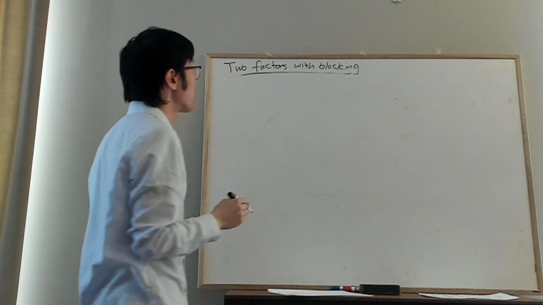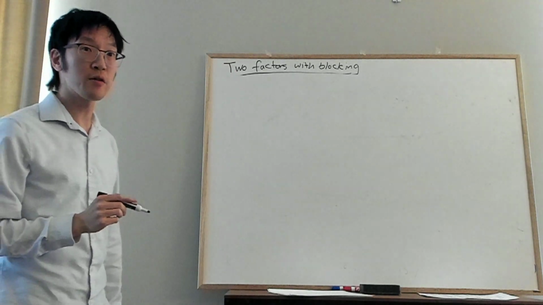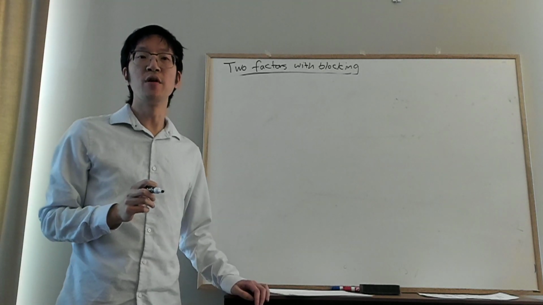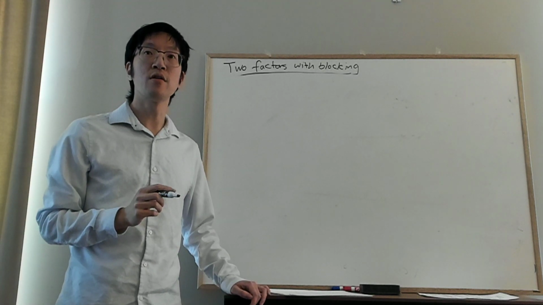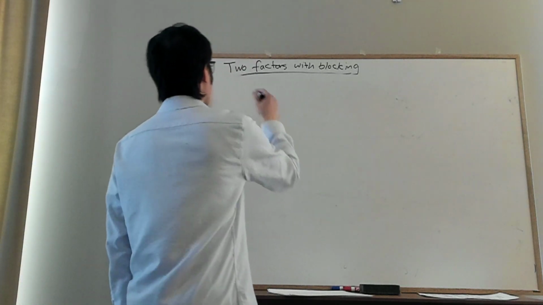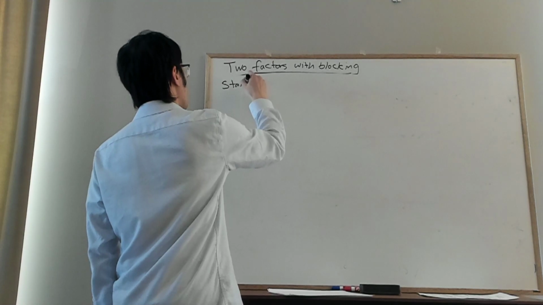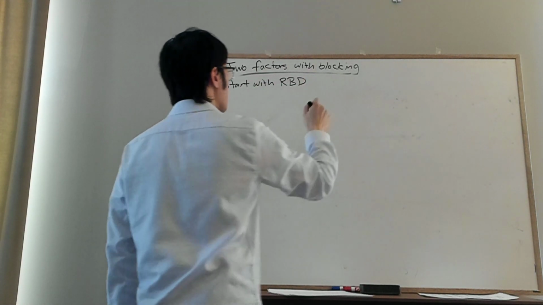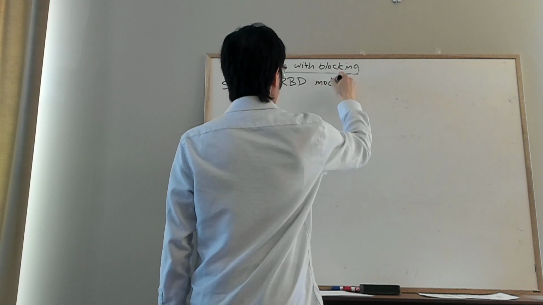Okay, so let's first write down the randomized block design model, and then let's take that, and from there we will look at it as an interaction and two-factor model. Okay, so start with the randomized block design model with T treatments.